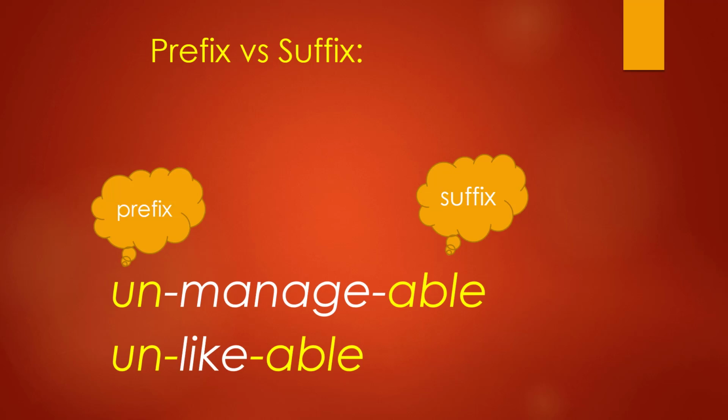So un is a prefix and it gives negative sense. On the other hand, if we add some alphabets after a base word, it is known as suffix. Here I added able after manage and like. So un is a prefix and able is a suffix.